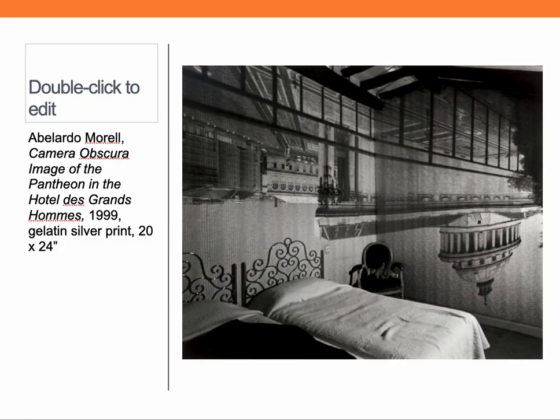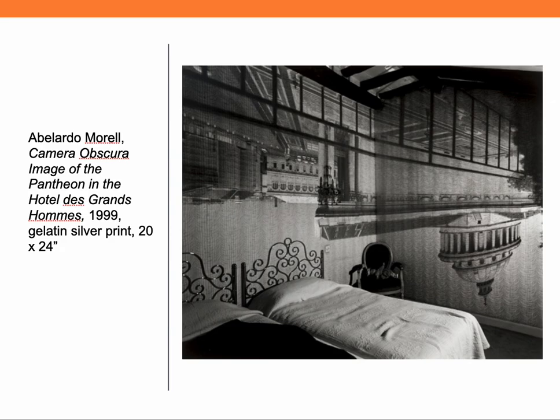So let's get going. In that week one announcement, I also talked about this idea that photography dates back to even the ancient Greek period. And we see that with things like the camera obscura.